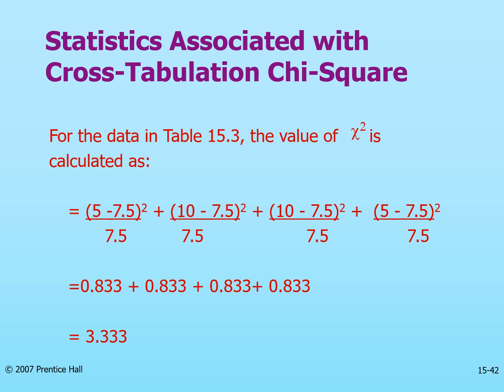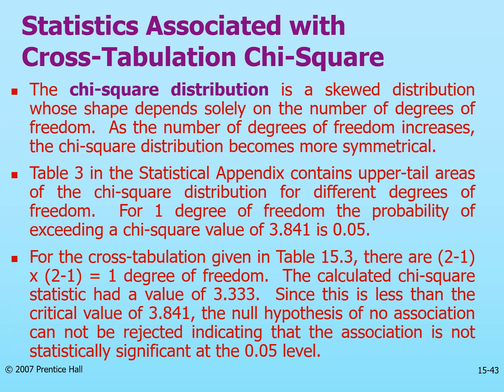That is the calculation we are going to do for every cell, and it gives us 0.833 each time. It means the chi-square value is coming to 3.33.